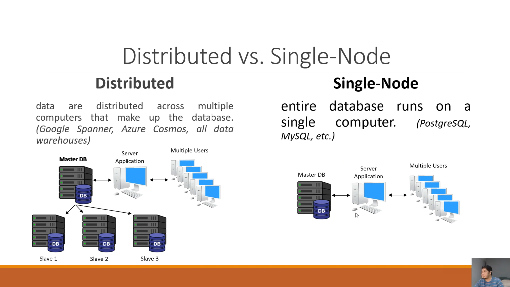As you can see in the figure, we only have a single computer running and hosting the database server. The problem with this implementation is that whenever this system fails, transactions will be interrupted. So that's the difference between the distributed and the single node databases.